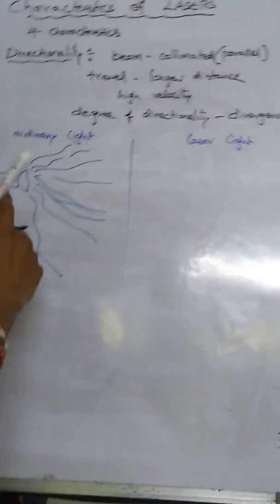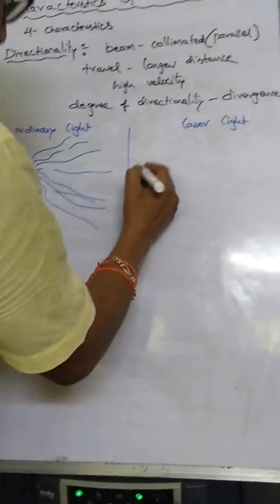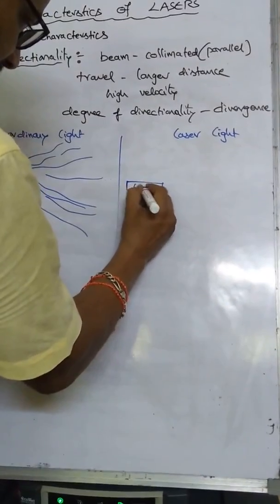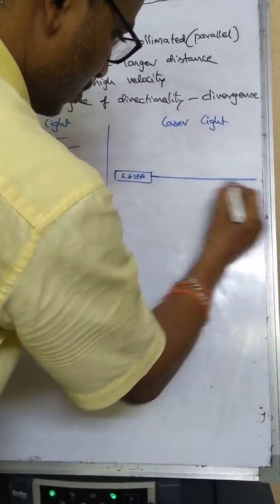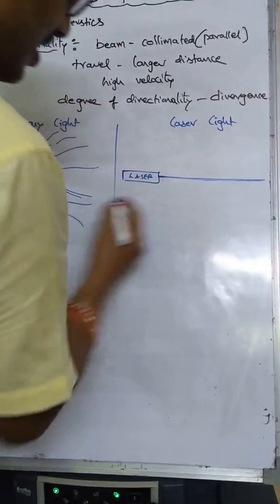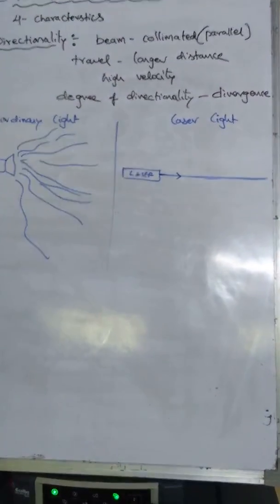And coming to the laser light, the laser beam will be almost monochromatic and diverging very less. So this is the diverging.